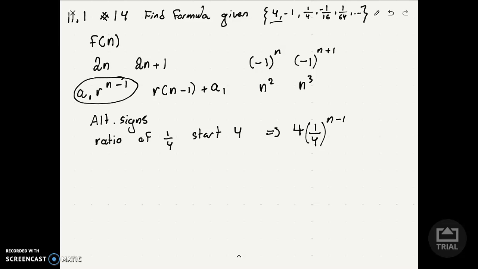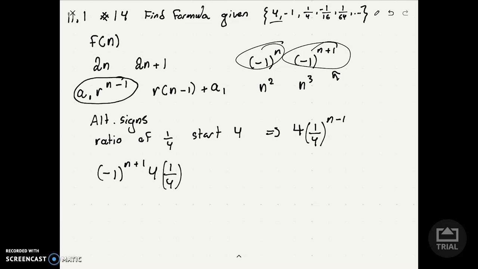Now, just to take into account the sign changing, we want to throw in either this or this. In this case, we want to use the second one because the first term is positive. So here, n plus 1 for the 1/4 n minus 1 would work just fine.